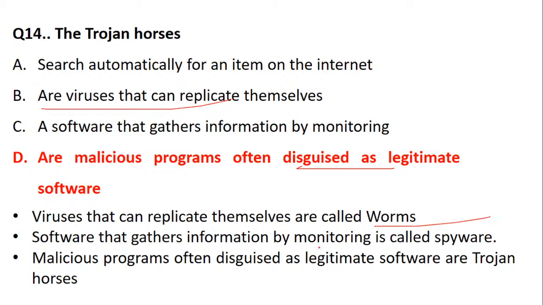Software programs that gather information by monitoring are called spyware, whereas a malicious program often disguised as legitimate software is called a Trojan horse. Be careful, you got confused between B and D. It's not option B, it's option D.